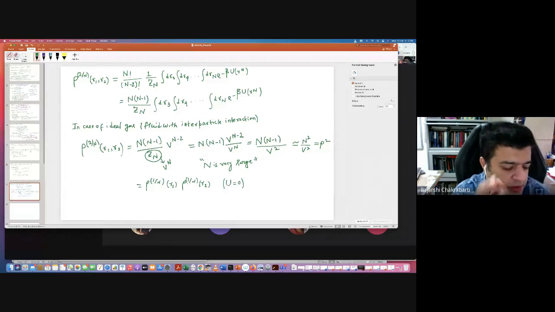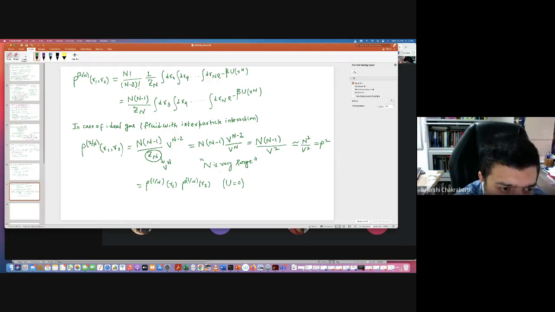This can be factorized, but in reality you cannot do it for liquid, because liquid is different from ideal gas. The atoms or molecules that the liquid is made of interact. There is an interaction potential, that is u in my notation, and because of this you cannot factorize rho 2 by n into two one particle distribution functions. Is this clear?